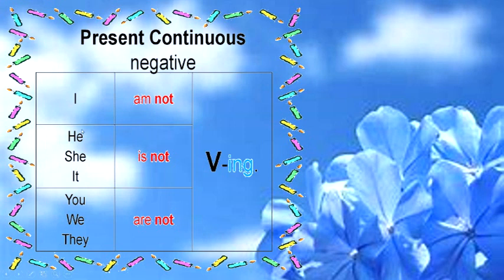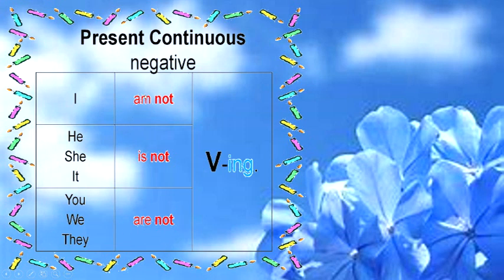With the pronouns he, she, it or any name, we will use is. Then add the word not, then verb first form and ing. With the pronouns you, we, they, we add the words are not.